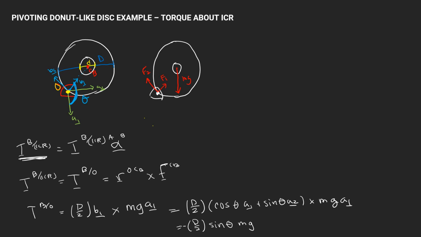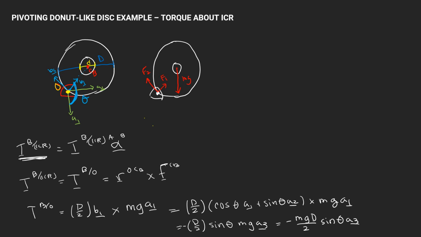So we have negative A3. And let me just write that slightly better. So we get negative mg d over 2 sine theta A3.